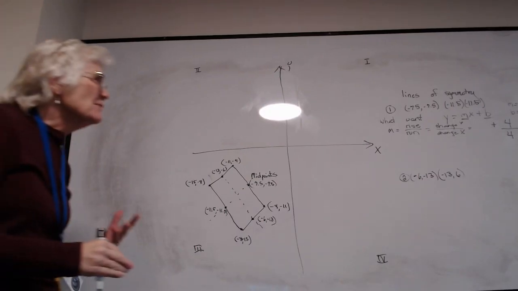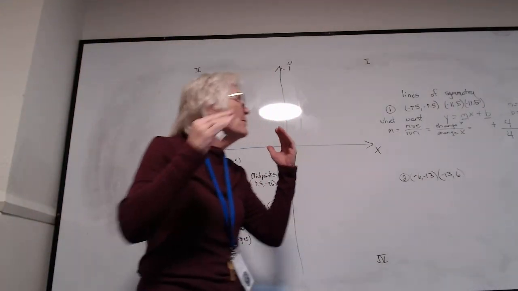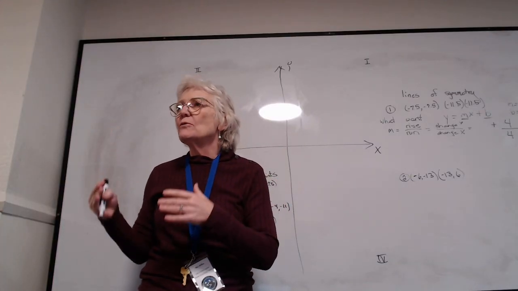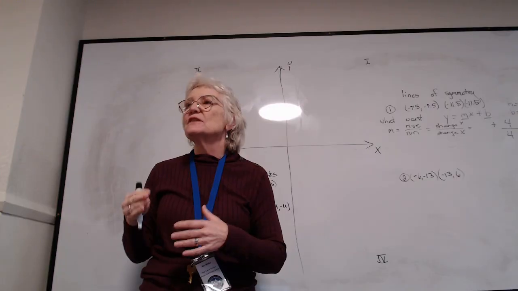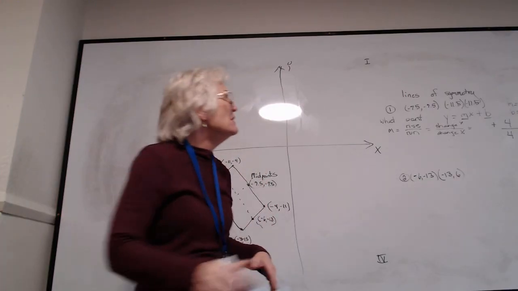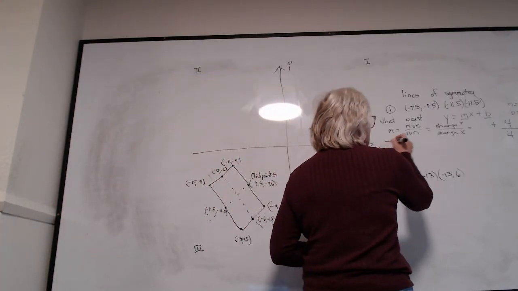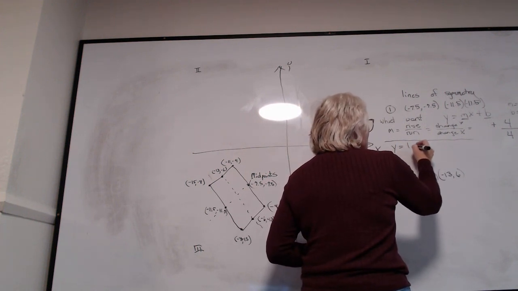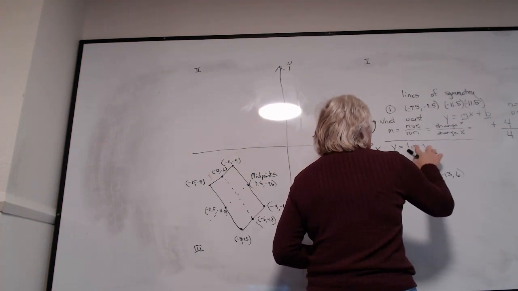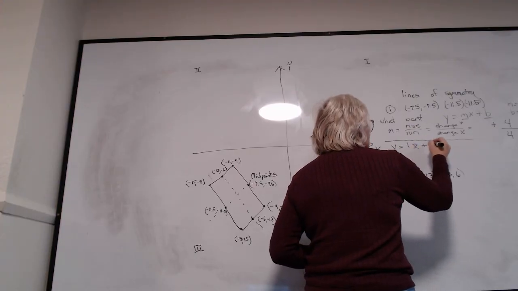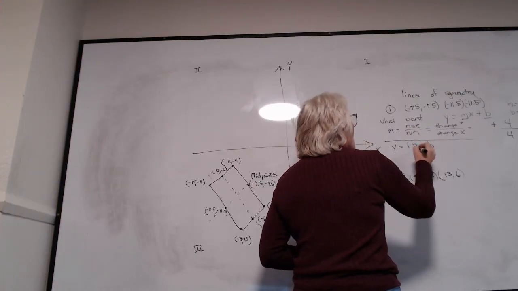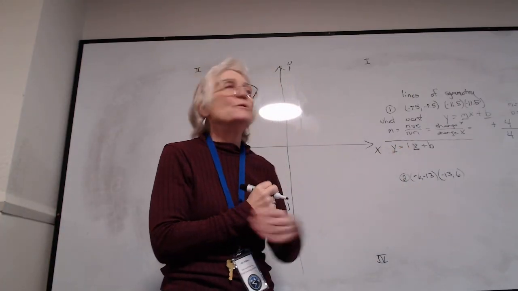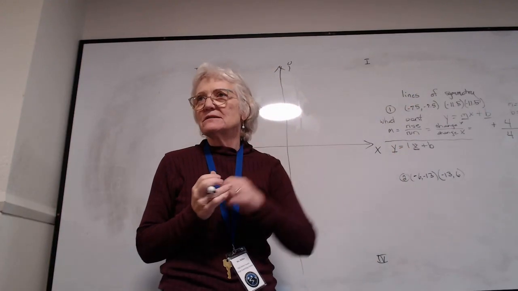Okay, so then what we do is we put the slope in our equation and we put one of the points in for the x and the y values. So now we have y equals 1x plus b. We know an x and y that makes this true. We can take either of those points.